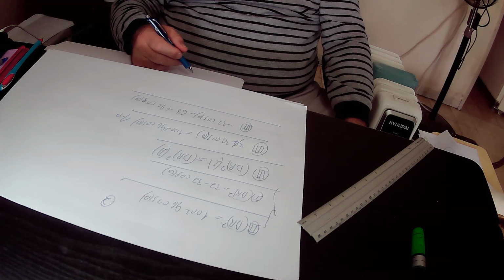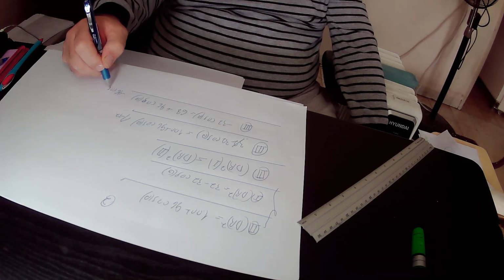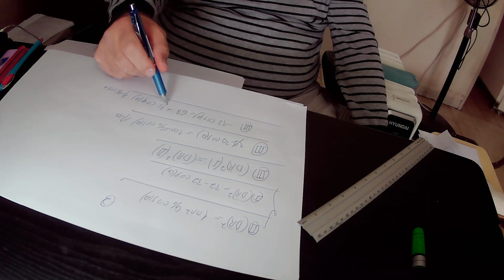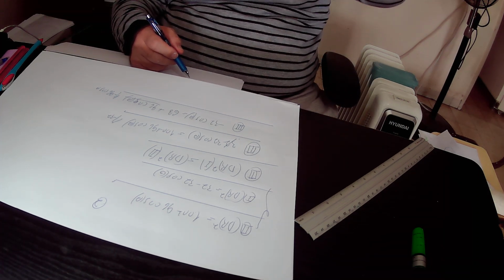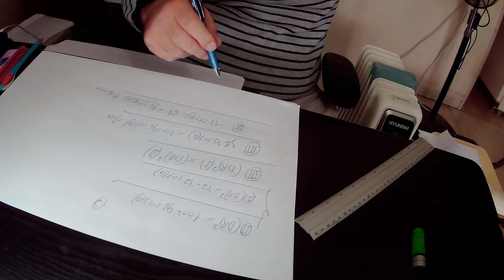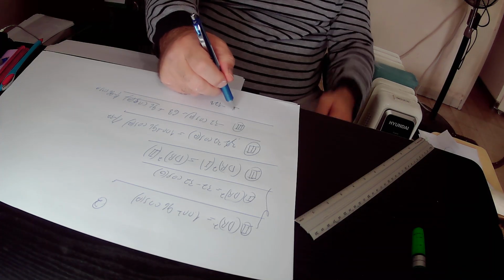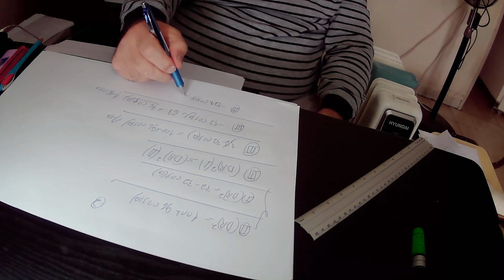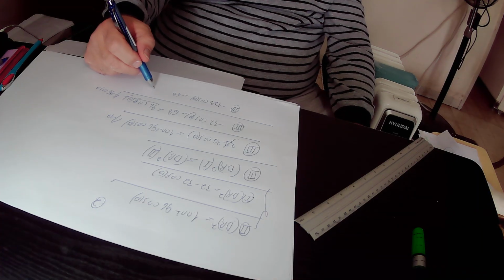So here we subtract 96 times cosine theta from this equation and 96 cosine theta will get cancelled. And here we have 32 times cosine theta minus 96 cosine theta equals to minus 64 cosine theta, equals to 68.